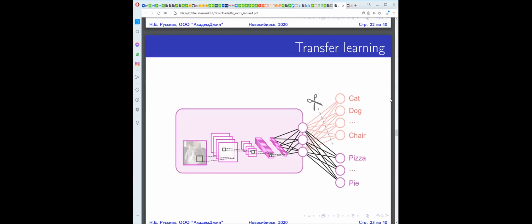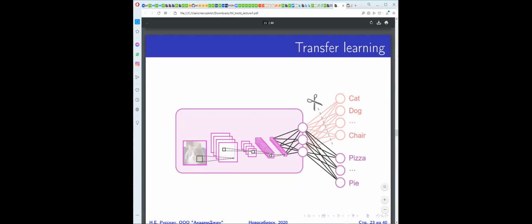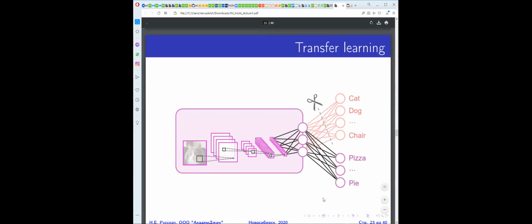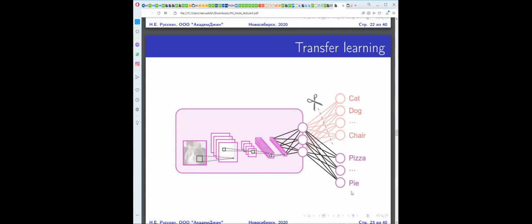You can take a network pre-trained on ImageNet, just cut off the top layers, which refer to classification, and place randomly initialized layers with the desired amount of neurons. However many classes you have, that many neurons you put on the output layer.